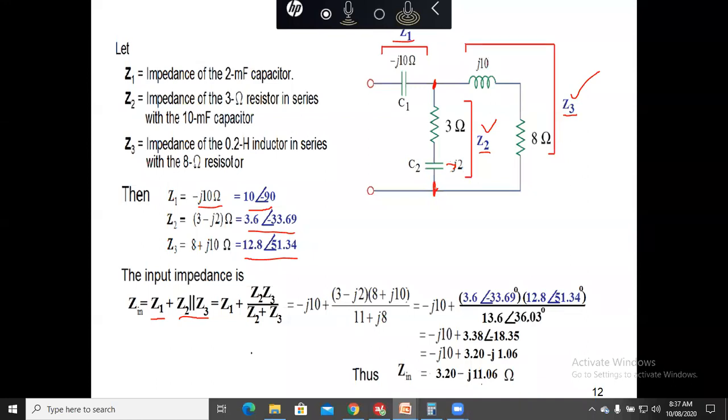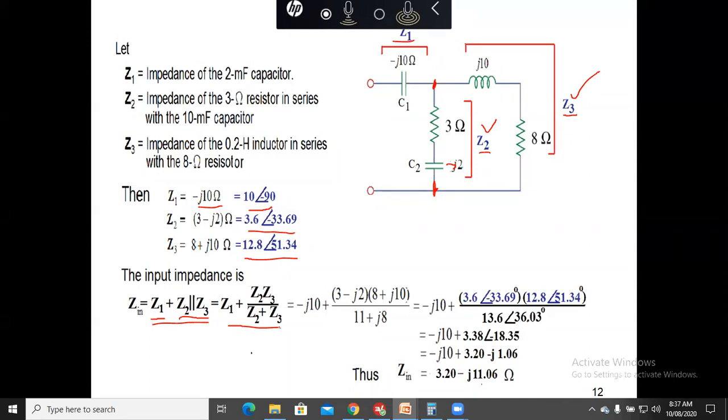So Z1 is in series. We can write it in this form: for the parallel, first we multiply Z2 by Z3, and then we divide it by the sum of these two impedances.